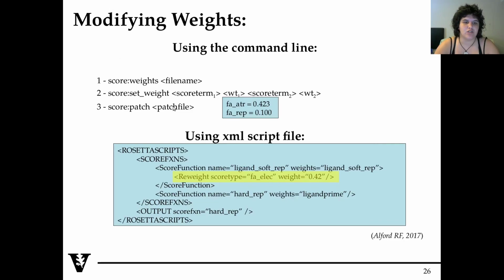You can use a patch file, so this is an example of a patch file, or you can also use an XML script. And in an XML script, highlighted in yellow is basically the command for changing the weights, and you put here the name of the energy term you want to change, and here the weight that you want to change.